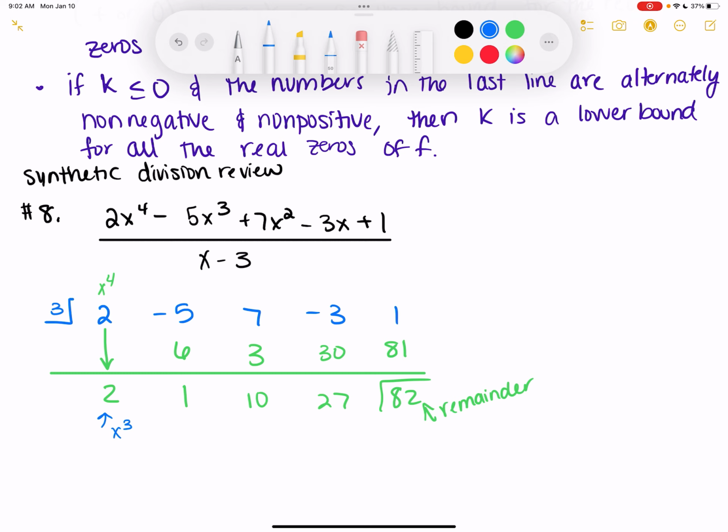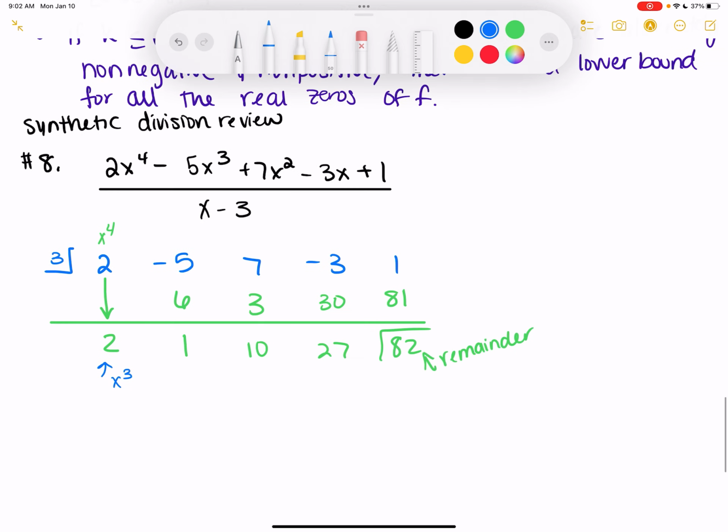If it was x squared to start with, then it's just an x. It always drops by 1 power. So my answer is 2x cubed plus x squared plus 10x plus 27 plus 82 over x minus 3.